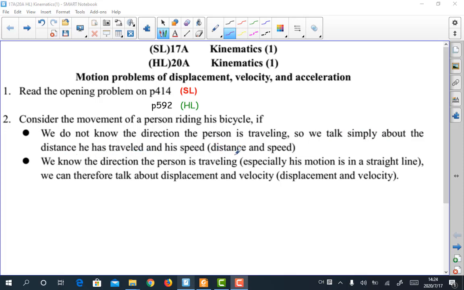That suggests the distance and the speed don't involve the directions. If we know the direction the person is traveling, especially his motion is in a straight line, we can therefore talk about displacement and velocity. Therefore, the displacement and the velocity should involve the directions.